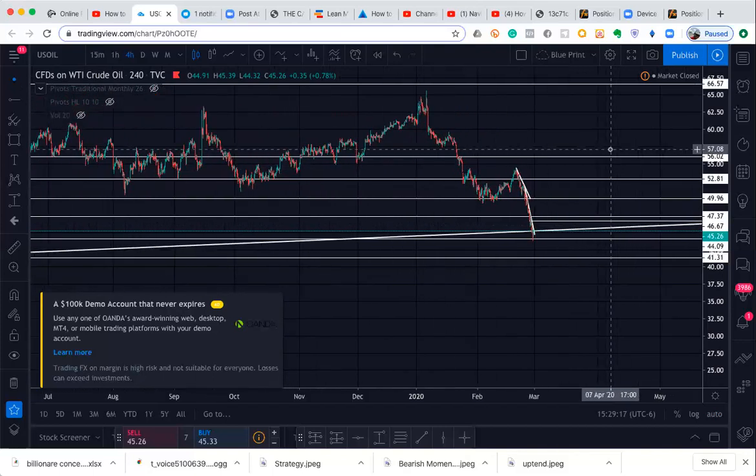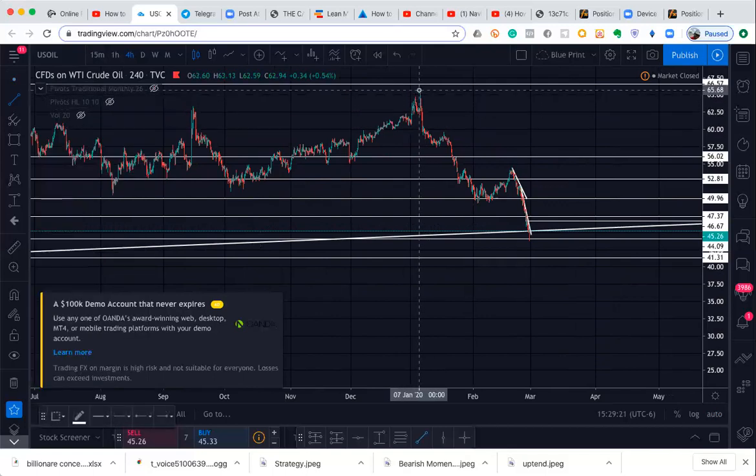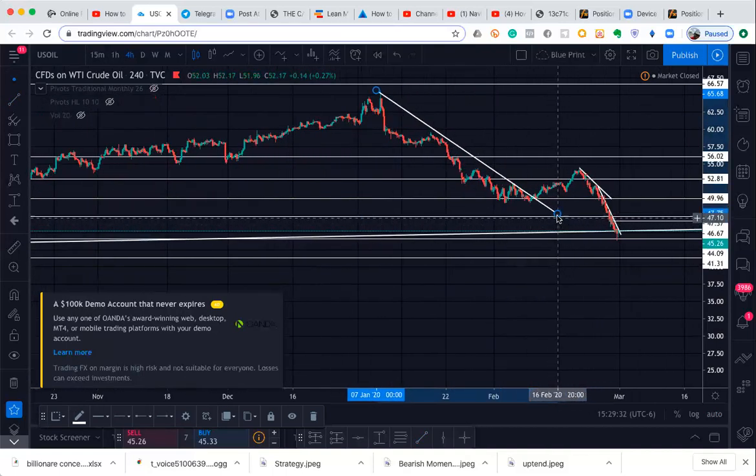For all intents and purposes, it's the same identical thing. I got my trend lines. But see, I'm saying this is oil. What did it do? It did a breakout.